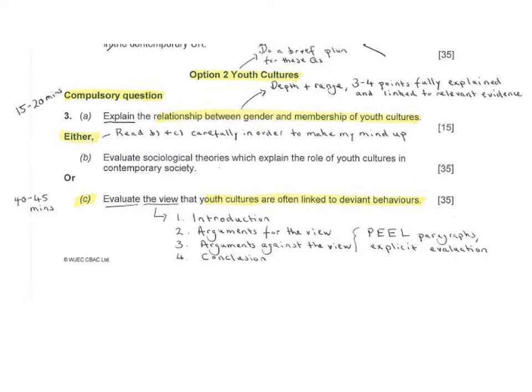So in this type of question, it's not enough to just display knowledge. You've got to evaluate the arguments that you present throughout your answer, so not just in the conclusion.